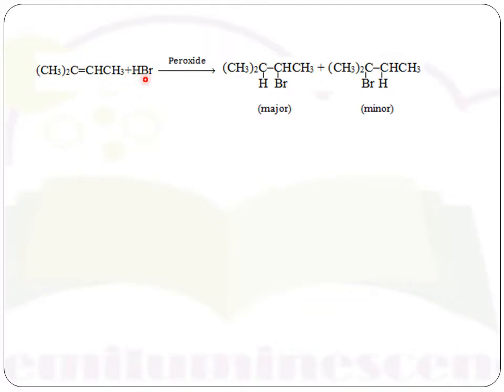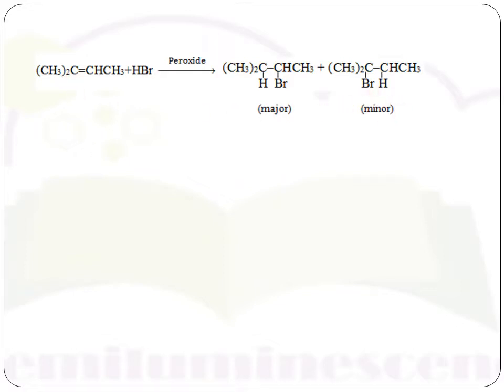That is, the negative part is attached to that carbon which carries more hydrogen atoms, obtained as the major product. Hence, the product obtained by this addition, in which bromine is bonding with this carbon carrying one hydrogen atom, is obtained as the major product, and the other product, in which bromine is bonding with that carbon which doesn't have a hydrogen, is obtained as the minor product.